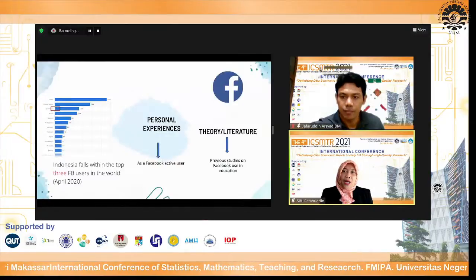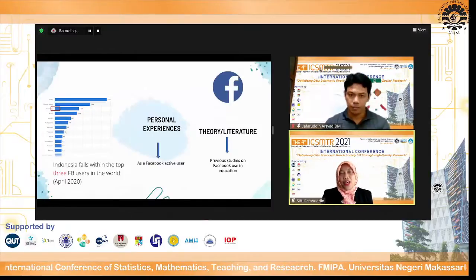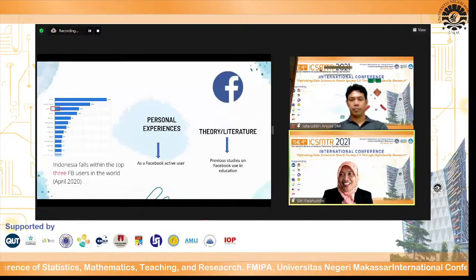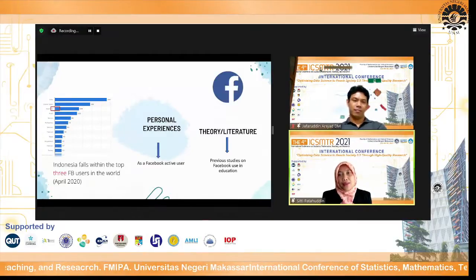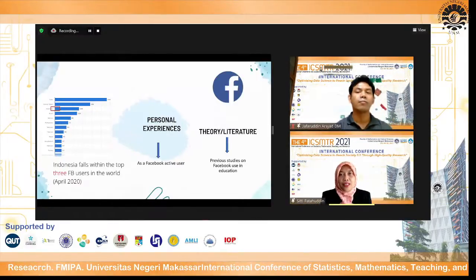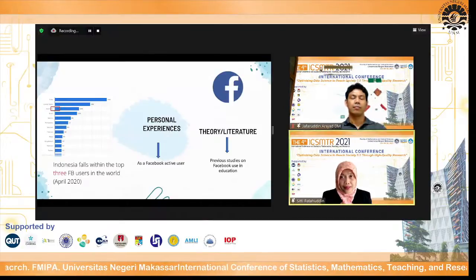So, why Facebook? Kenapa Bu Siti meneliti tentang Facebook? Facebook has been heavily used by people, including teachers in Indonesia. And the chat box here told me that justify my statement, my claim. So, according to the latest data that I've got, in 2020, Indonesia had 130 million Facebook users who actively access their account monthly.